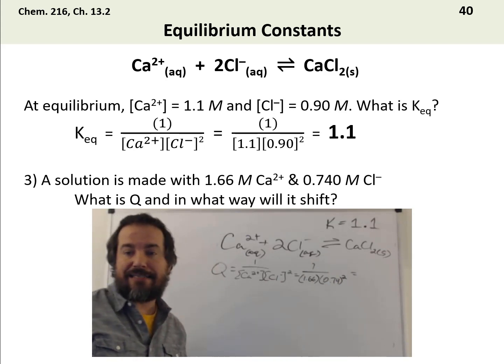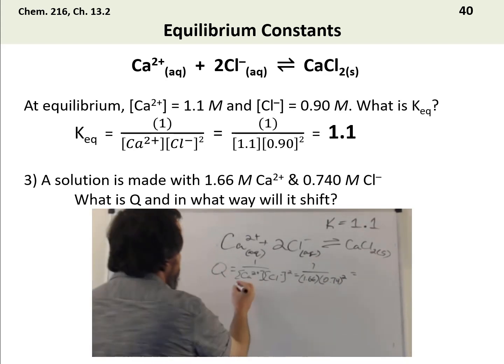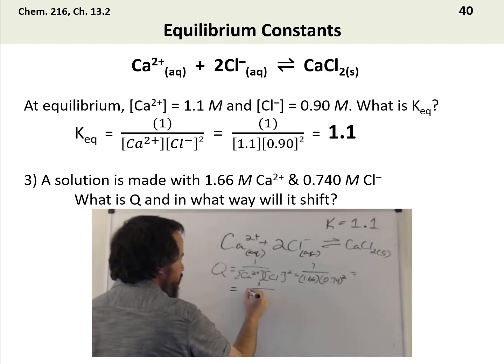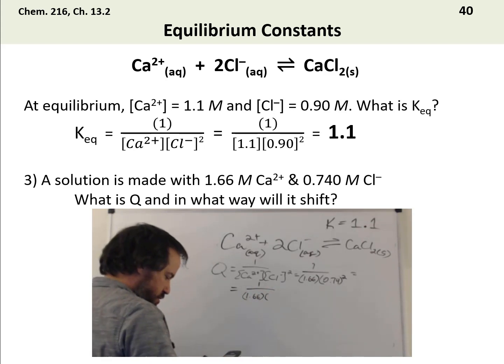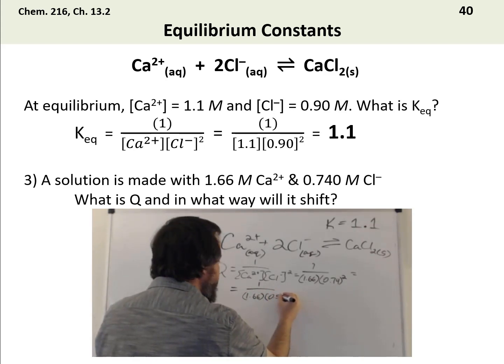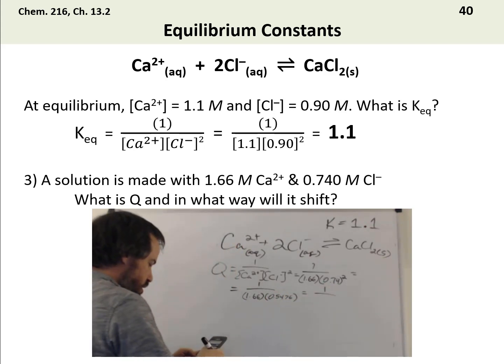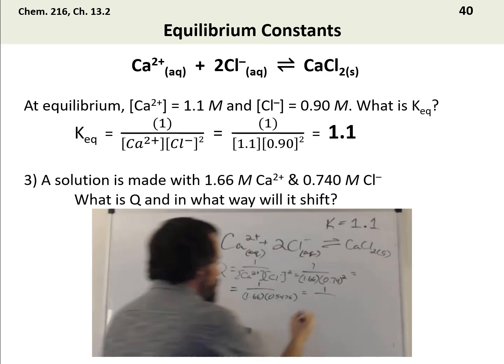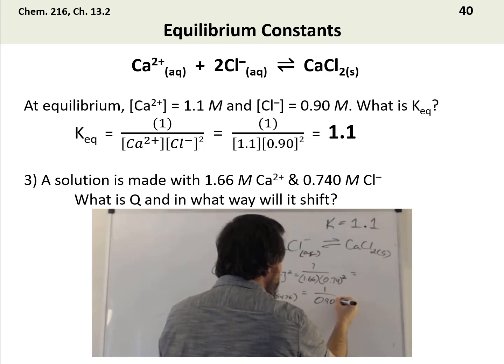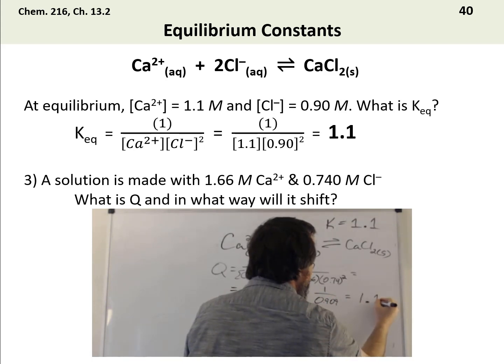So what I get as an answer is, let's go ahead and just do this just to make sure. So that's 1.66 times 0.5476. That's 1 over 0.909. And that's going to get me 1.1.